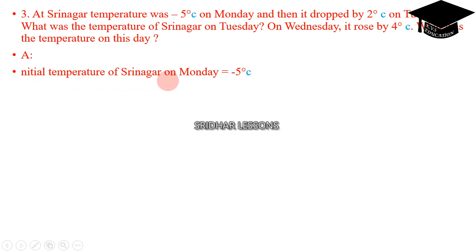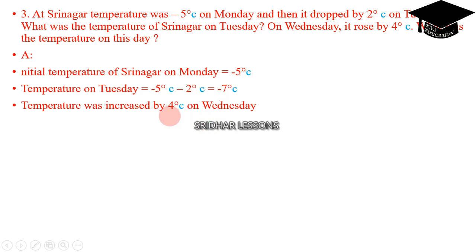The initial temperature of Srinagar on Monday is -5 degrees centigrade, but the temperature on Tuesday is, because it dropped by 2 degrees centigrade, that means -5 -2. This is equal to -7 degrees centigrade. After -7 degrees centigrade, next day is Wednesday.